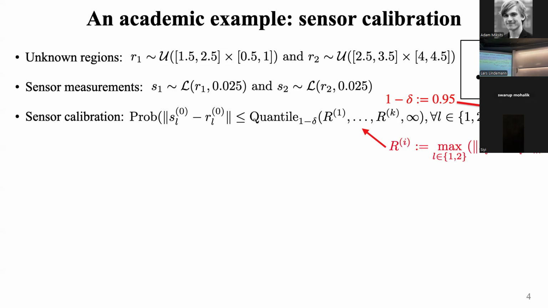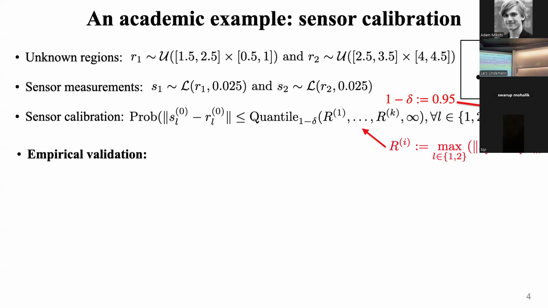We do so simply by picking the maximum error over both regions. So we're picking sensor measurement of region L minus position of region L. We evaluate this over our calibration data, and we simply pick the maximum. Since you're picking the maximum here, you can see that the maximum is bounded by the quantile if you apply conformal prediction. And since it's the maximum, you can just pull out the for all quantifier over here. I hope this makes sense.